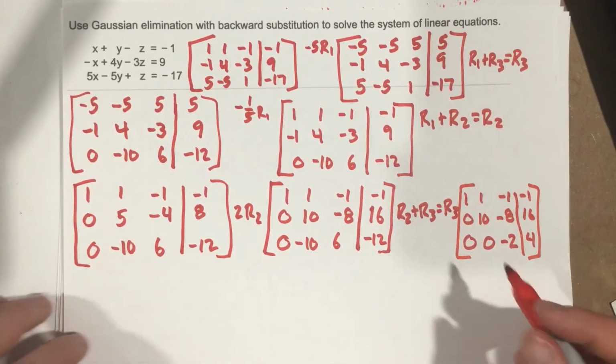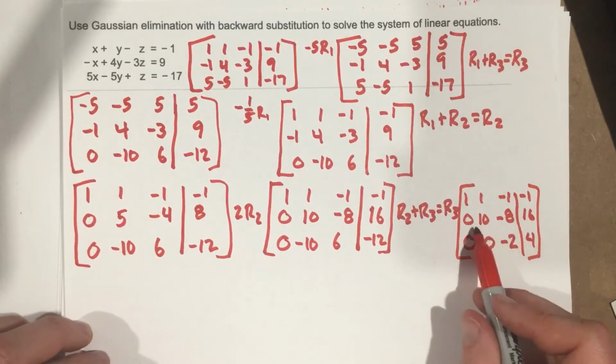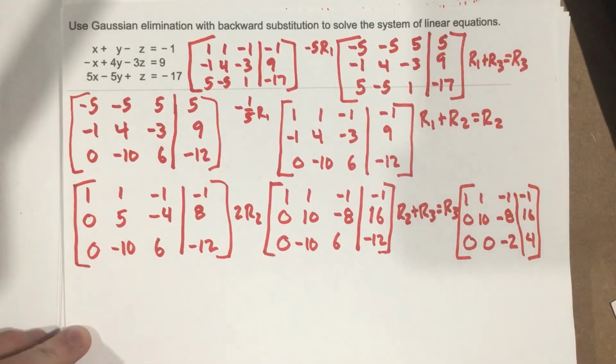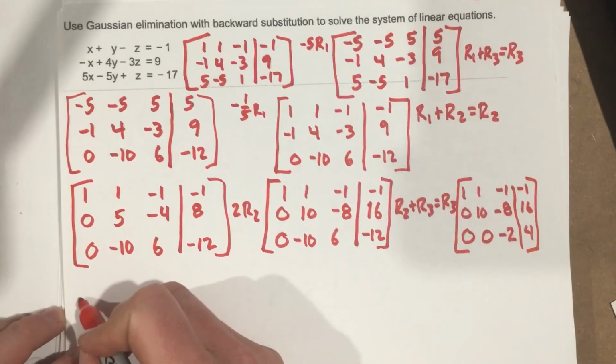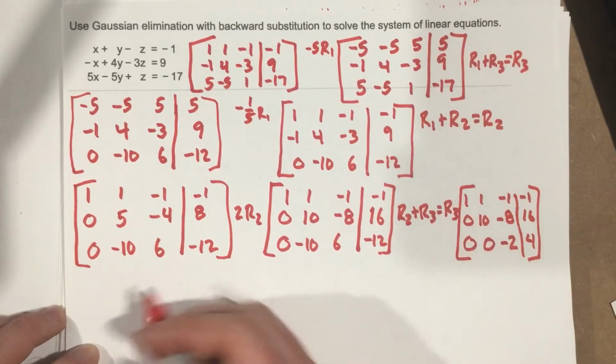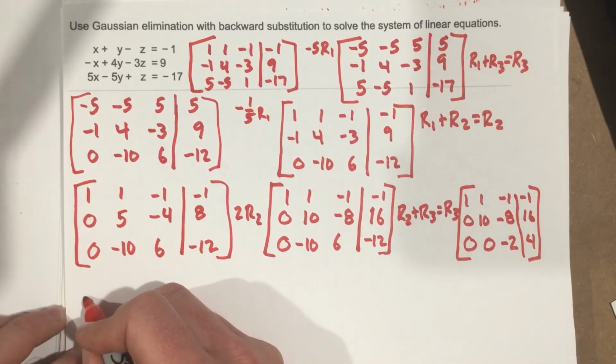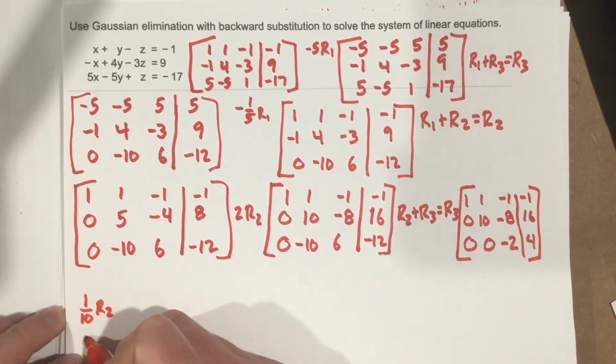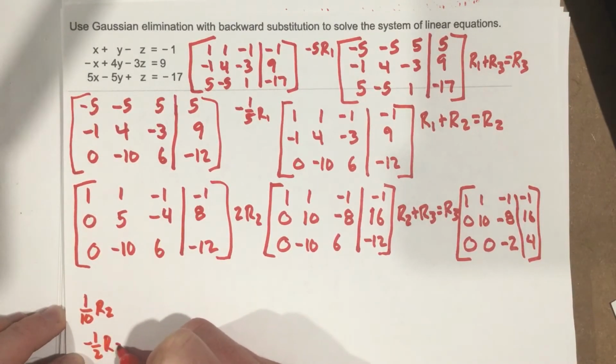Now all we've got to do is multiply by basically 1/10 and negative 1/2. So we're going to get 1/10 R2, and we're also going to do negative 1/2 R3.